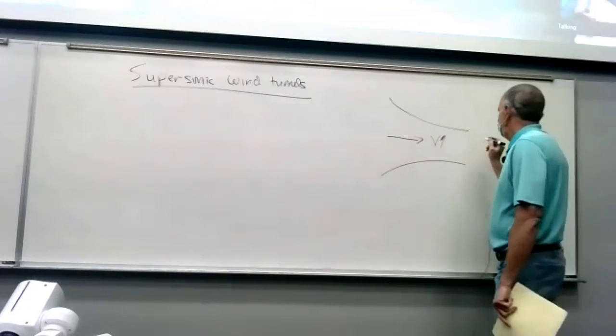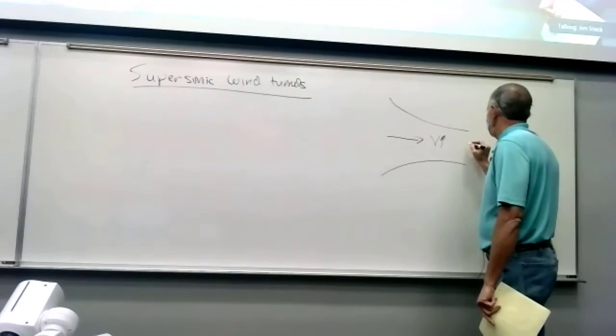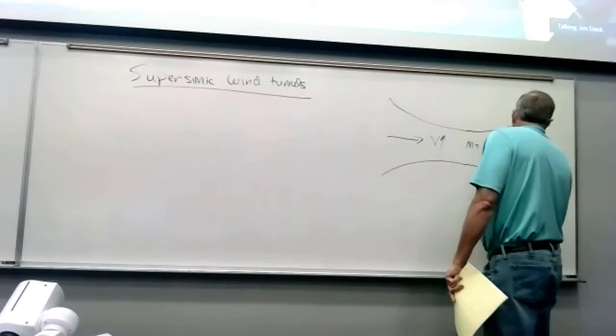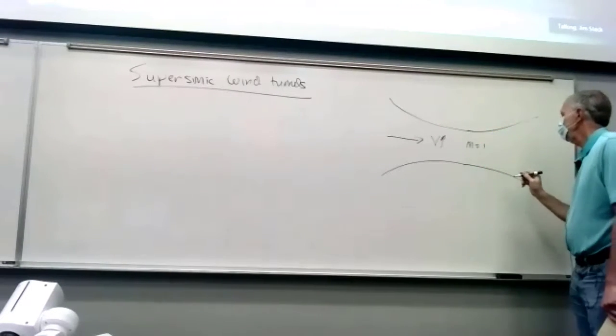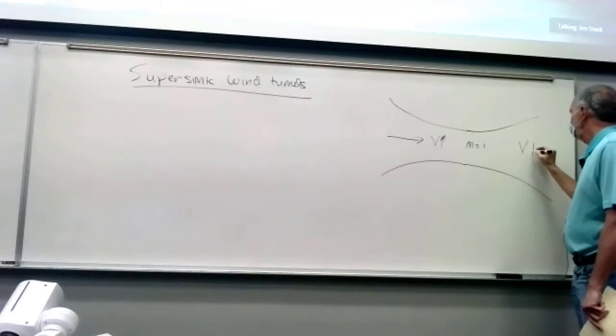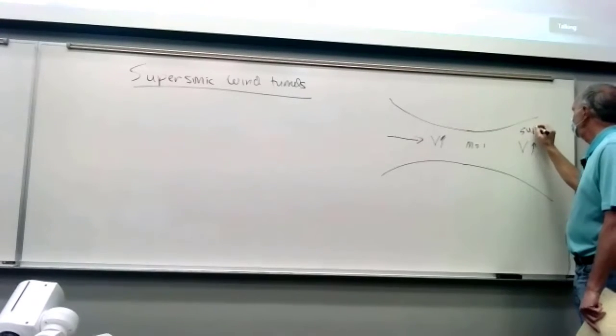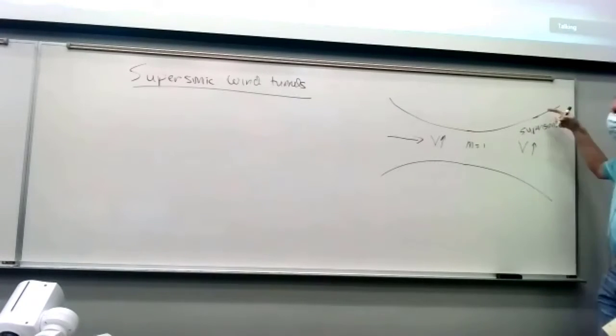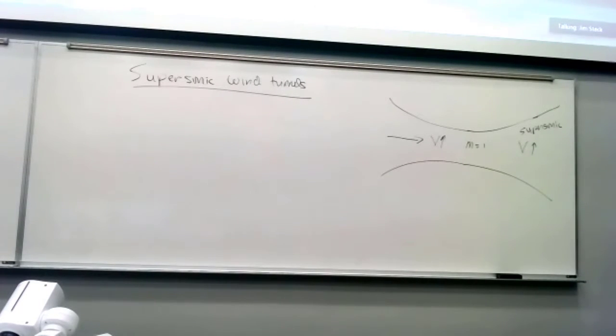And if you narrow this area down enough, you can get Mach 1 in the throat. And then once the flow goes past Mach 1, the velocity will actually be going up in the supersonic region, even though the area is increasing, which seems counterintuitive, right?